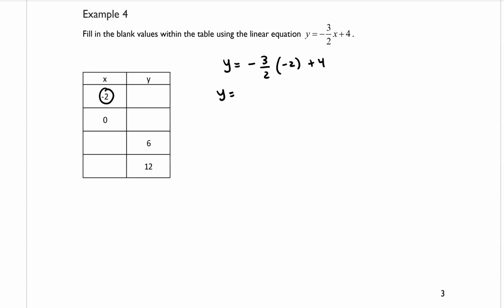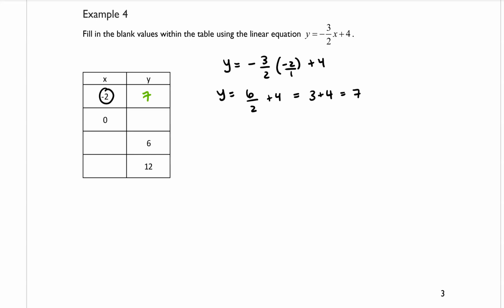To simplify that, I could rewrite -2 as -2/1. If we multiply across, we would get y = 6/2 + 4. 6 divided by 2 is 3, and if we add 4 to that, we would get 7. So I'm going to go ahead and fill that in. Our y value is 7 when x equals -2.